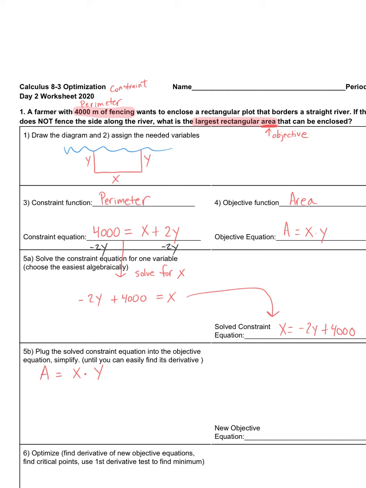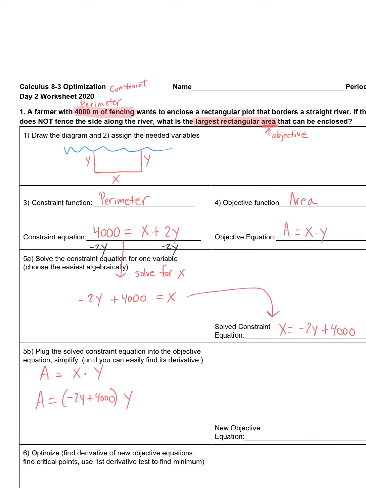So area is equal to, I'm going to put a blank set of parentheses in for X, times Y, and then inside X is equal to negative 2Y plus 4,000. All right, so I just plugged X in right here.